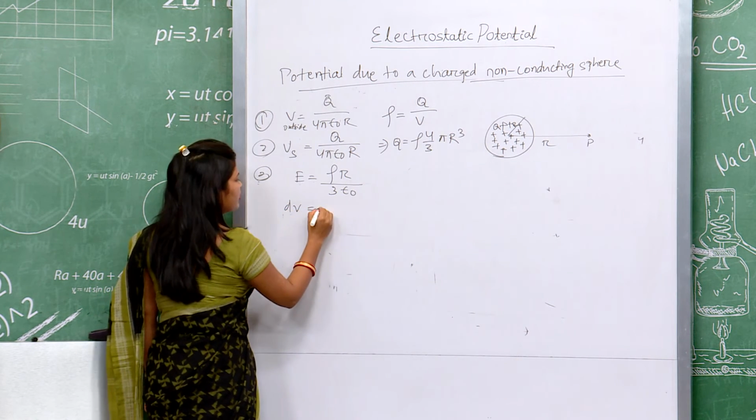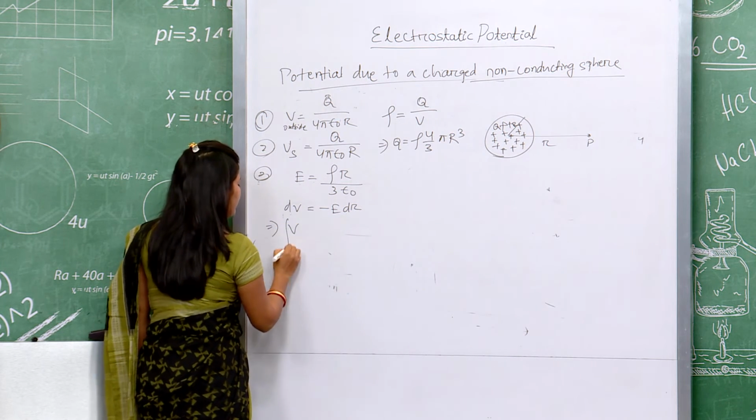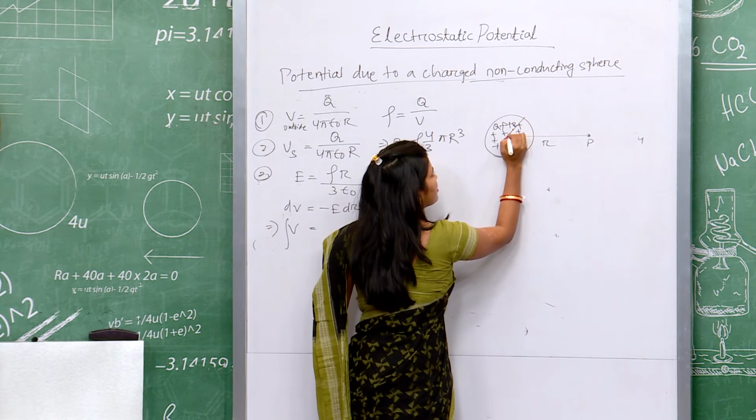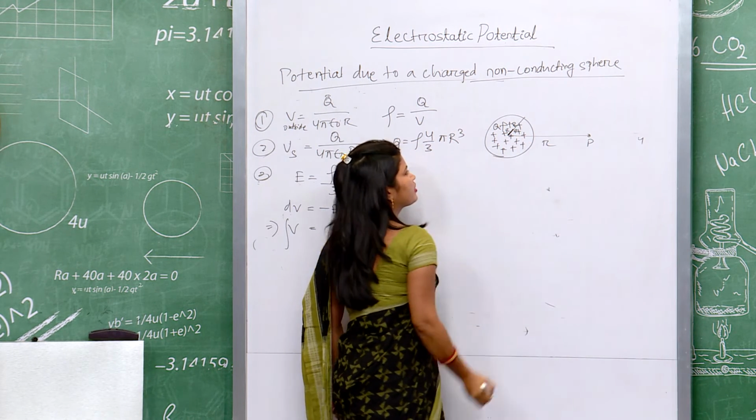Okay. So, putting the relation dV is equal to minus E dr, V is the integration. Suppose this is small r, this is the point P inside the sphere.